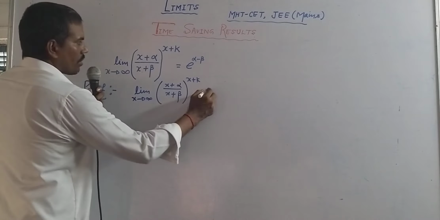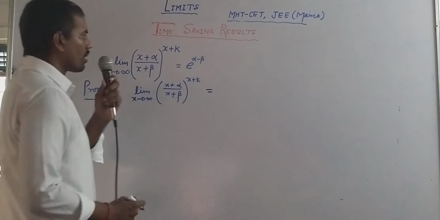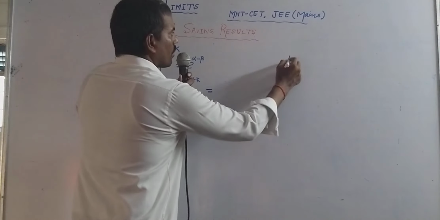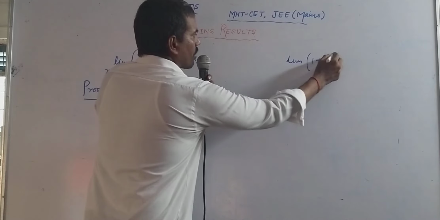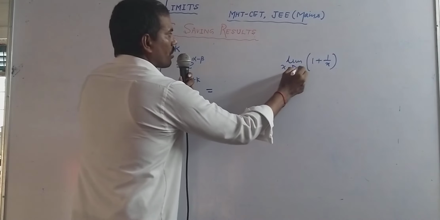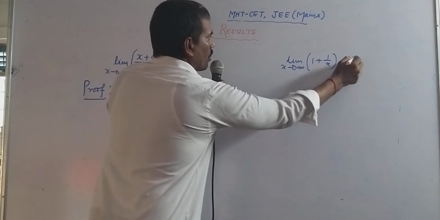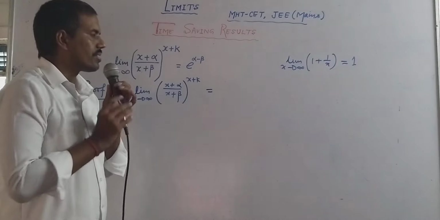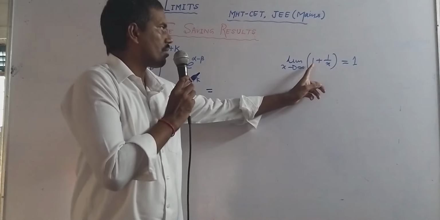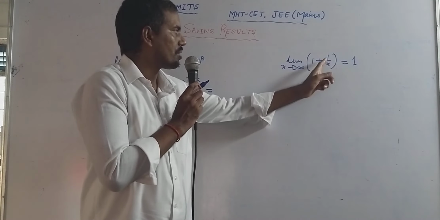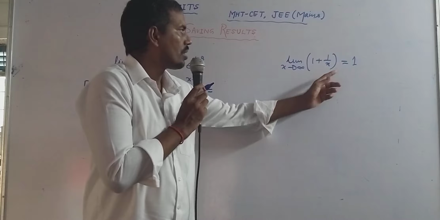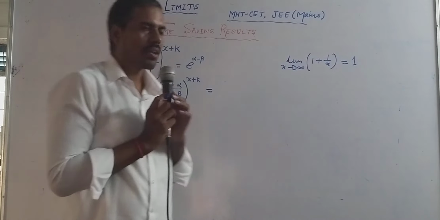Here we know that limit of 1 plus 1 upon x as x tending towards infinity is equal to 1, since the limit of the first function, which is a constant, is 1, and the limit of the second term, which is 1 upon x, is equal to 0, so the result is 1.